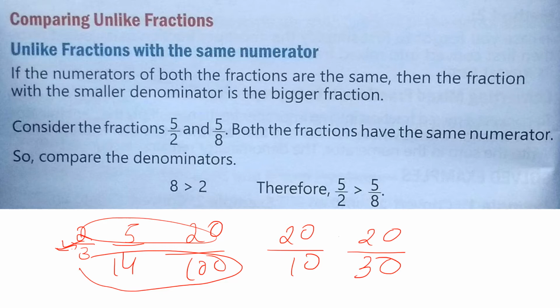Now here 5 by 2 and 5 by 8 are given. Both the numerators are the same. Now we have to see the denominators, and keep in mind that if the numerators of both fractions are the same, then the fraction with the smaller denominator is the bigger fraction.